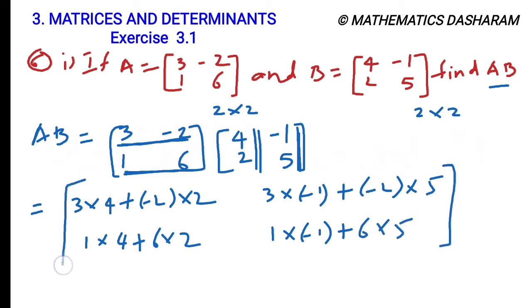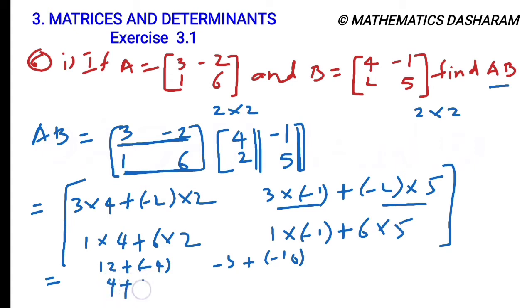So let's simplify this. It is equal to 3 4s are 12 plus minus 2 into 2 is minus 4. Next, 3 into minus 1 is minus 3 plus minus 2 into 5 is minus 10. Next, 1 into 4 is 4 plus 6 2s are 12. 1 into minus 1 is minus 1 plus 6 5s are 30.